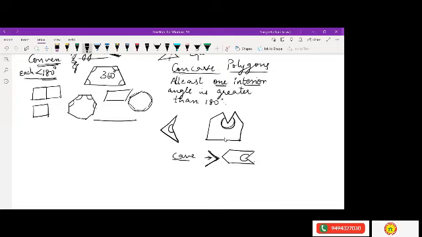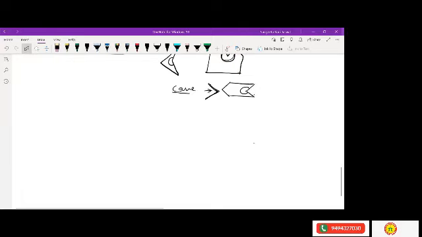And we spoke about regular polygons also. Regular polygons are those which have all sides equal. Now, coming to angle sum property. As you know, in a triangle, what is the angle sum property?